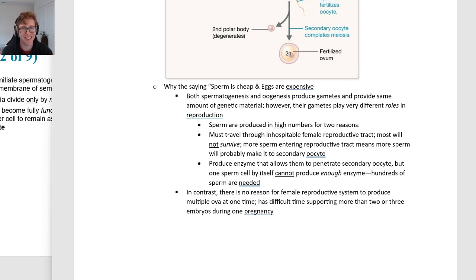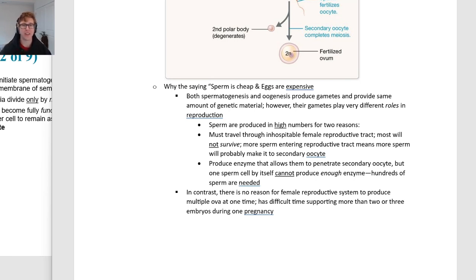I hate to take the wind out of your sails, but more than one sperm is required for the enzyme that allows sperm to penetrate the secondary oocyte. One sperm cannot produce enough enzyme to penetrate. You need hundreds of sperm to actually make it to the oocyte, and that enzyme starts degenerating the protective wall around it to allow one sperm to make it through to fertilize.